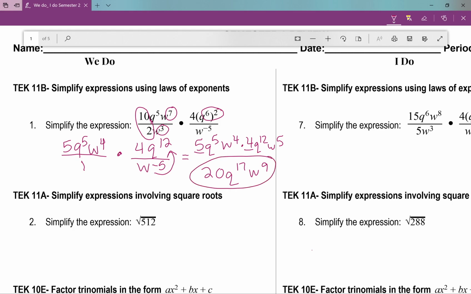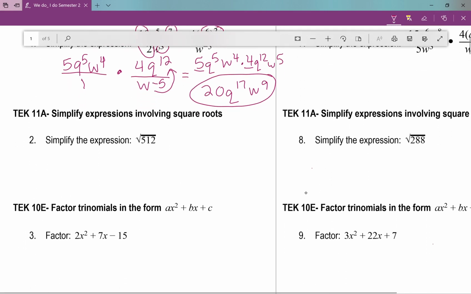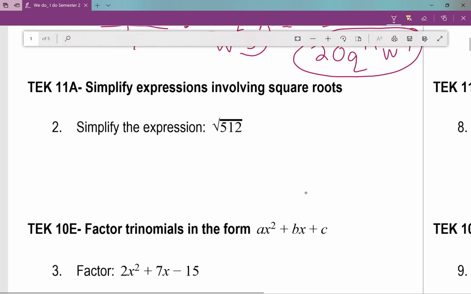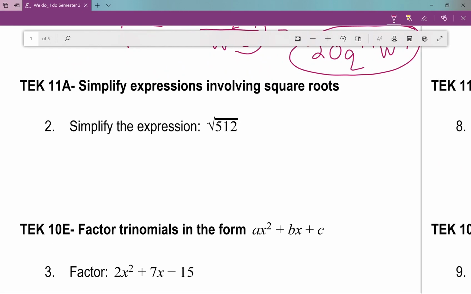Okay, let's look at number 2. TEK 11A says simplify expressions involving square roots. Let me scroll there and zoom in. Remember, when we're simplifying square roots, we need to use the tree method. If I'm using the tree method, I have to remember my prime numbers.